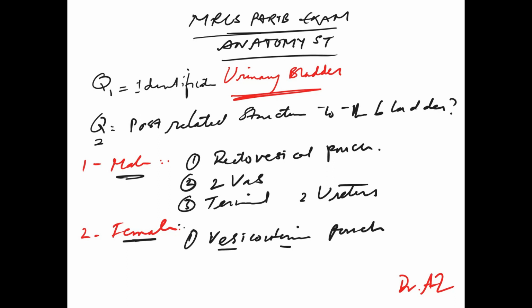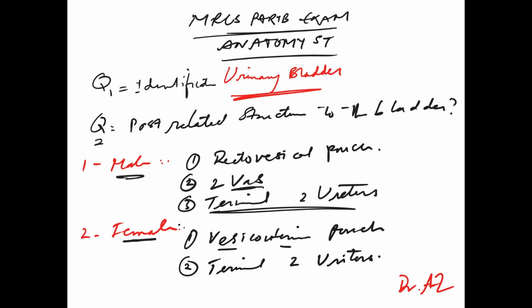Because the lady has no vas but she has ureters, number 2, you are going to find the terminal parts of the 2 ureters. These are the posterior structures to the bladder anatomically.